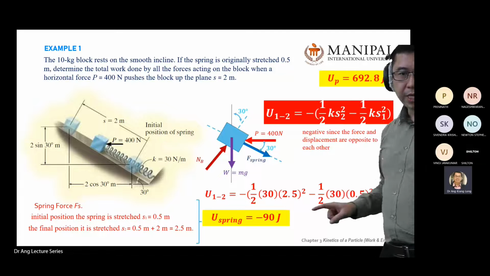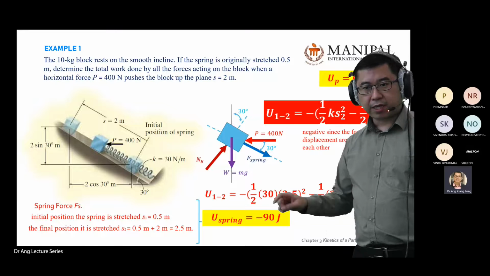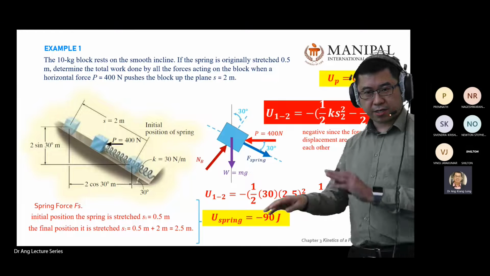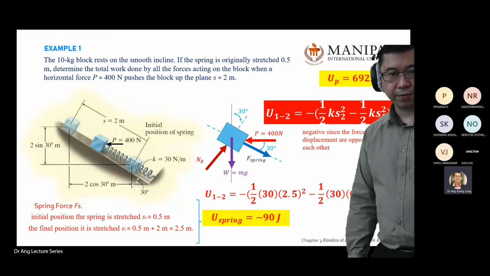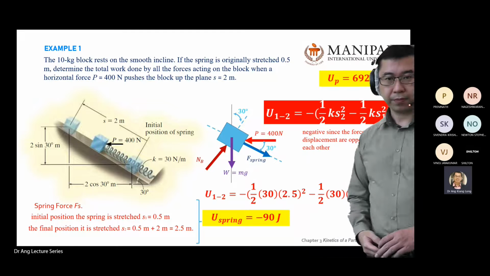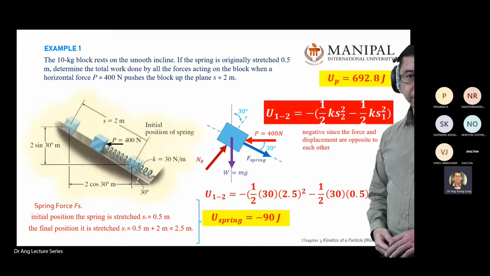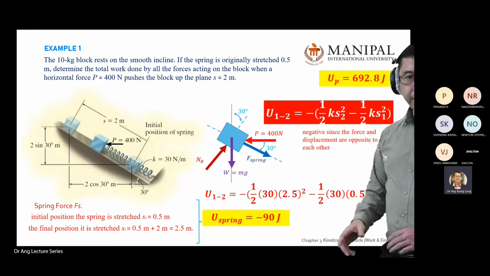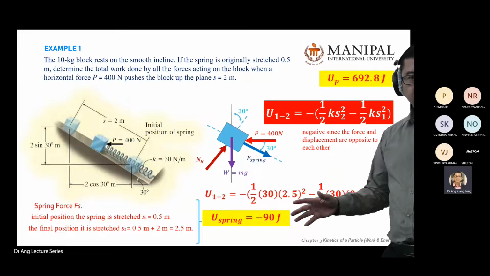You do the calculation, you get negative. Negative means that the force and displacement are actually in different directions. Okay, we got the spring work already.